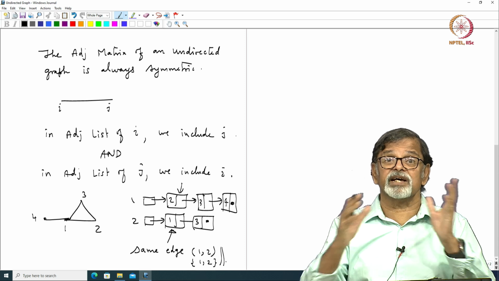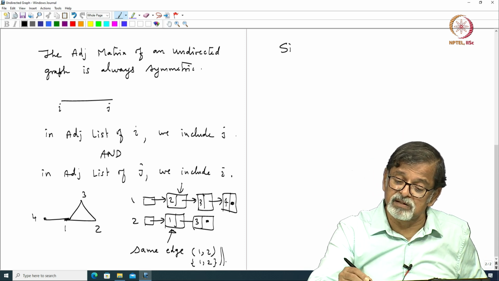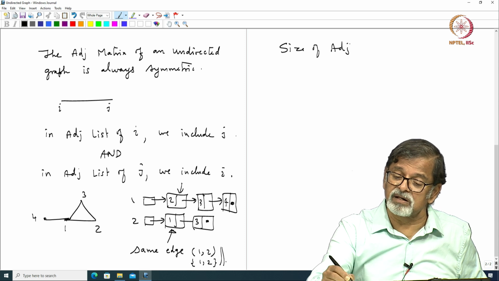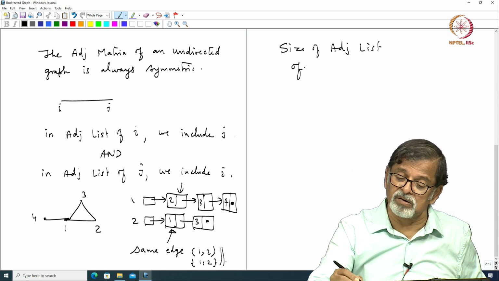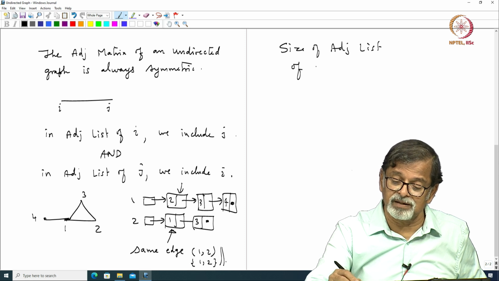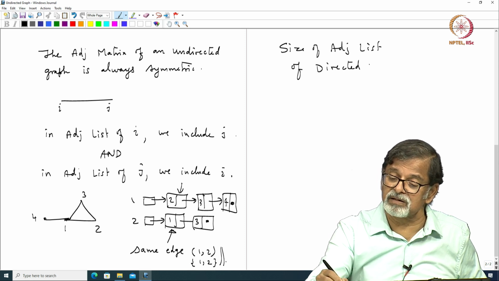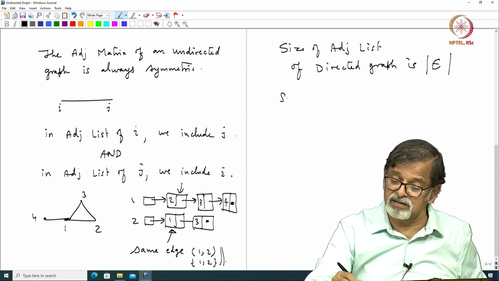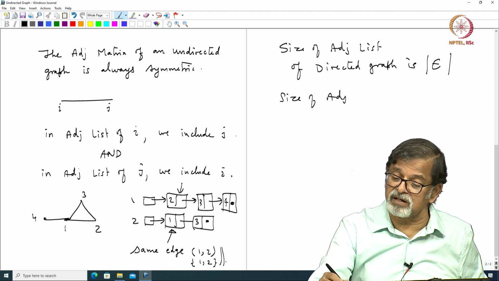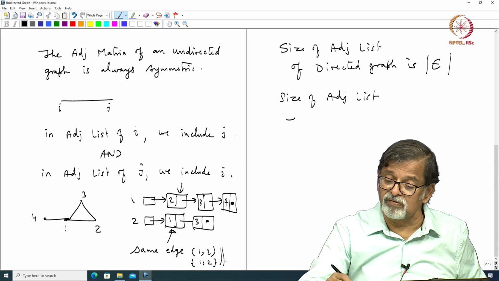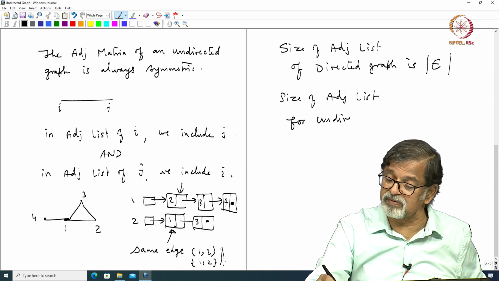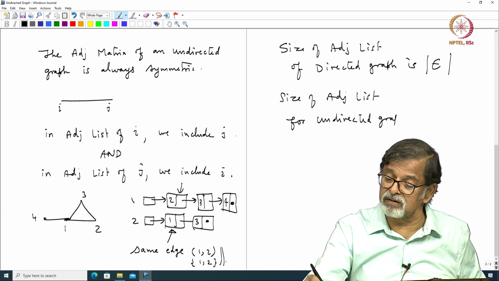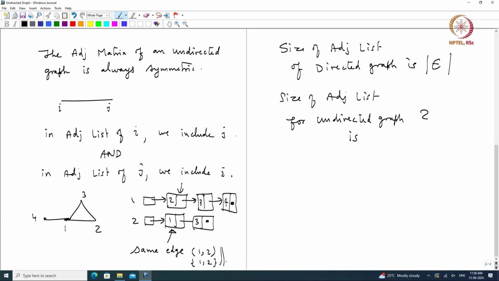Therefore, the size of the adjacency list of a directed graph is exactly E. The size of the adjacency list data structure for an undirected graph is 2E, because each edge gives rise to 2 boxes.